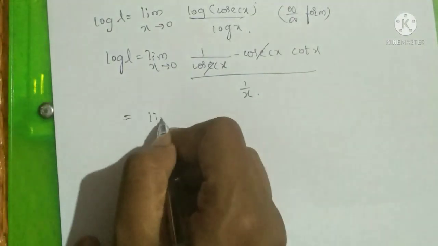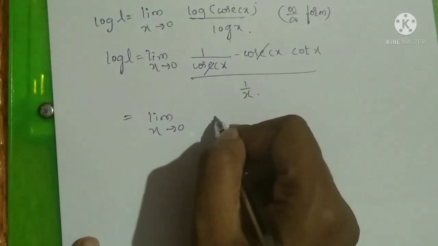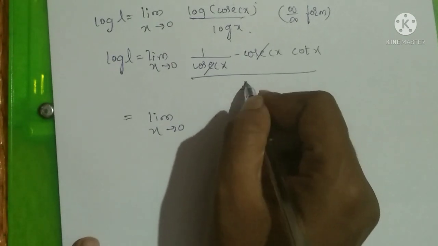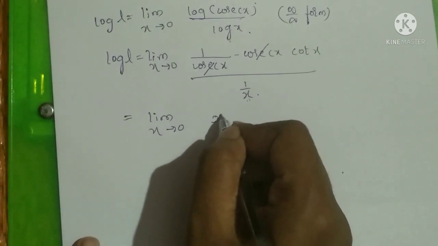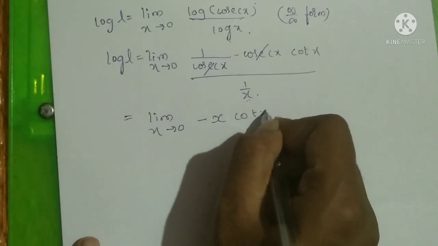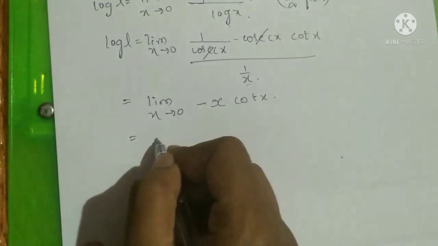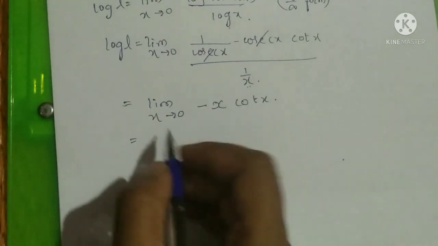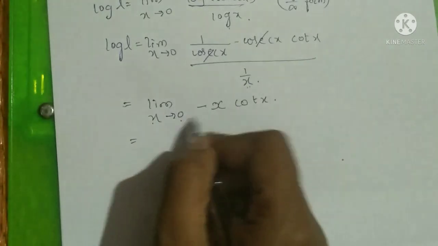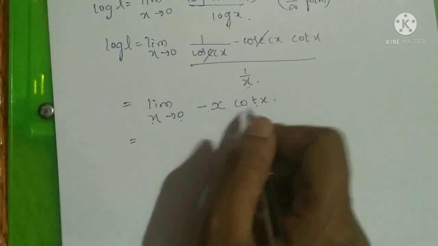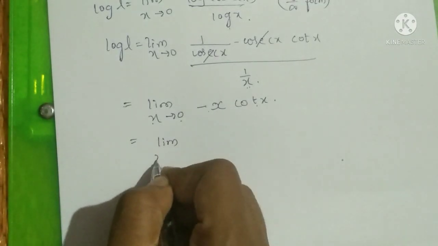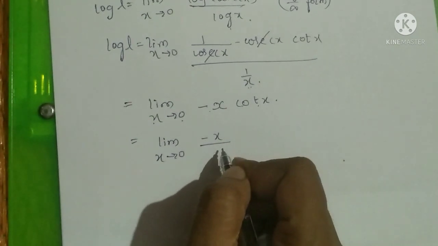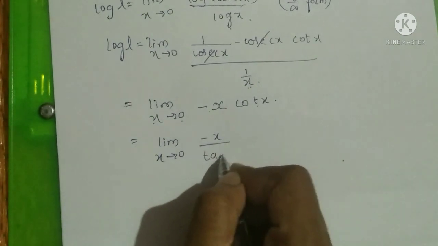This equals limit x tends to 0, and 1 divided by 1 by x gets shifted to the numerator. You have minus x cot x. So limit x tends to 0 of minus x cot x, where cot x can be written as 1 divided by tan x.